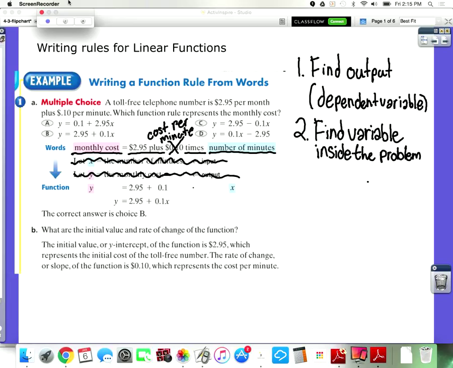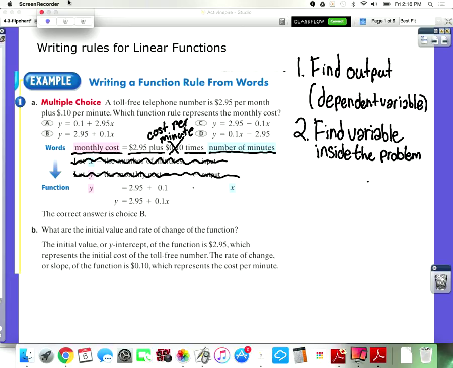And the initial value is also known as the what? No, the dependent variable was the number of minutes that we were on the phone for. That was not our initial value. The initial value was 2.95.